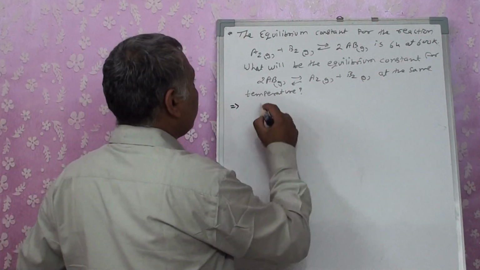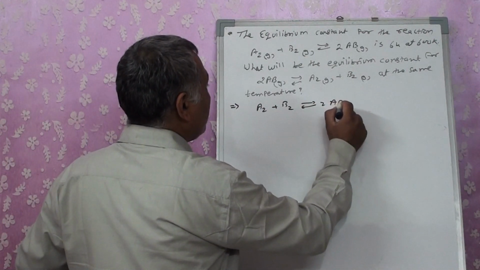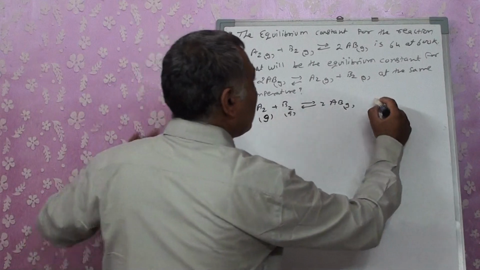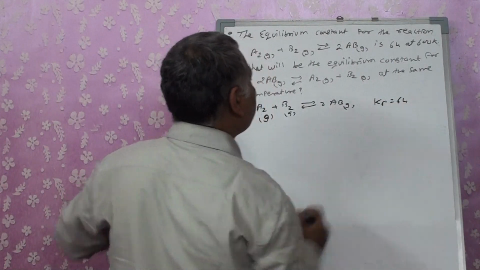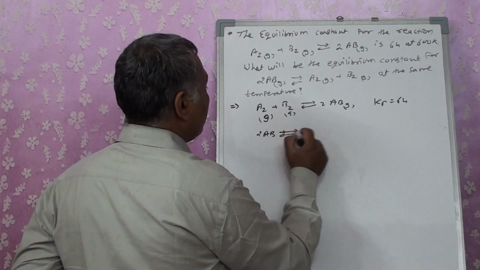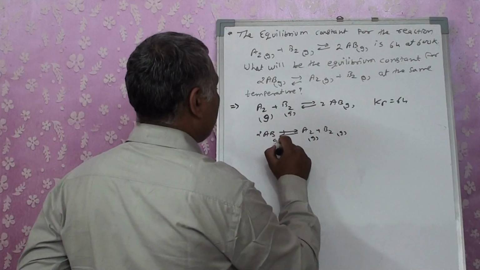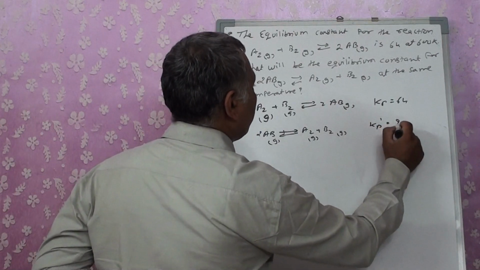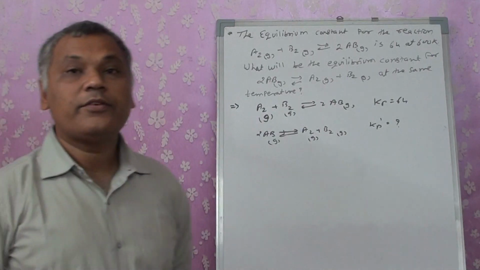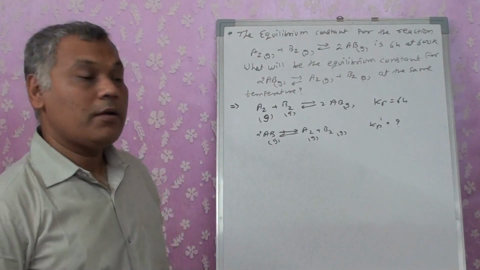So if I consider A2, B2, 2AB, for which Kp is 64, and it's told to me 2AB getting converted into A2 B2, what will be the Kp dash for it? As we already know, when we have a reverse reaction, we get Kp equals 1 by Kp dash.